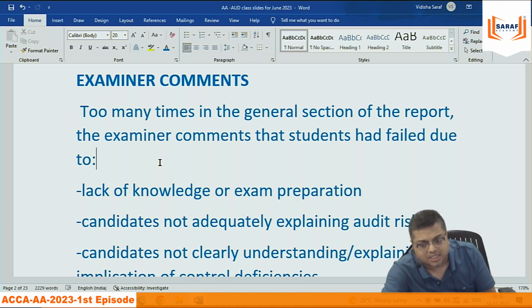If somebody has studied FR, then for them that 20% is already done; they already know that portion. If somebody wants to try two subjects in one go, then auditing and FR are related, though not very much, just that 20%.